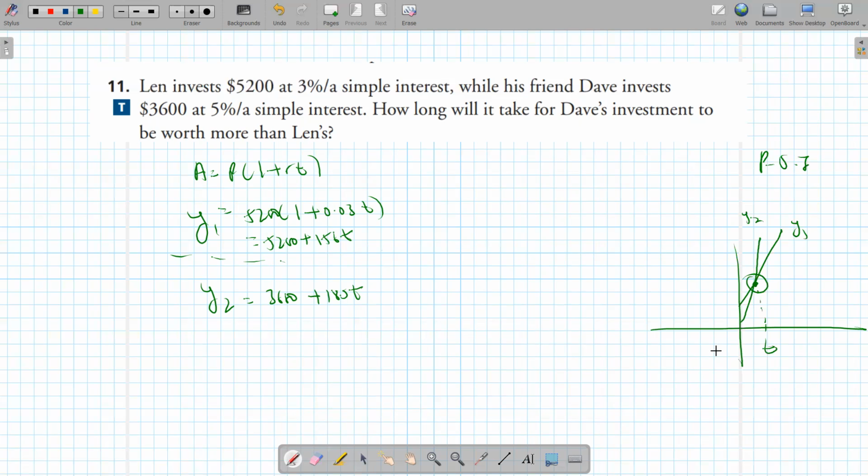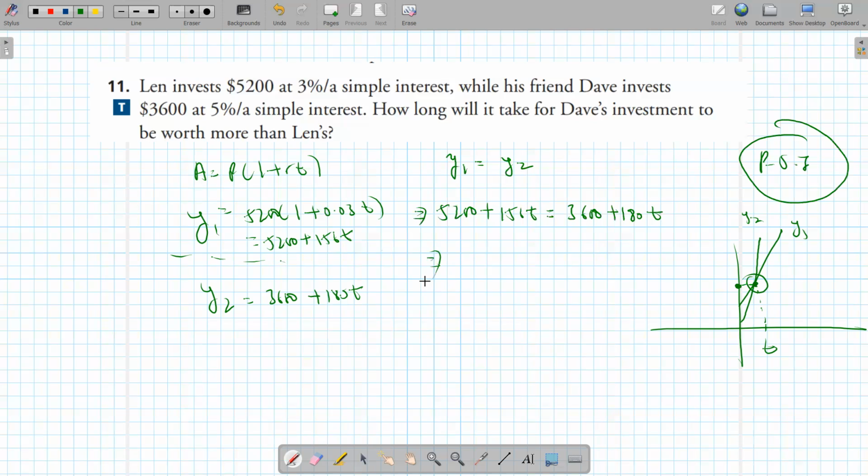To find the points of intersection, you literally just equate them. So you can just say Y1 is Y2. You see over here, the Y value is the same, right? Where they meet, the X value is the same, which is what we're looking for, but the Y value is also the same. So you do 5,200 plus 156t, and that's going to be equal to 3,600 plus 180t, like that. Points of intersection, you always just straight up equate them.